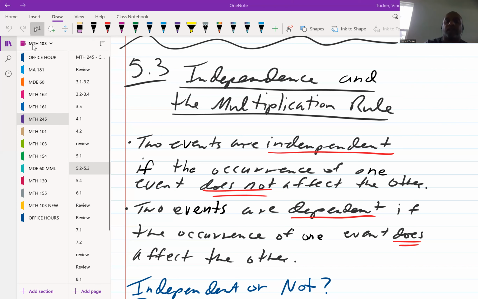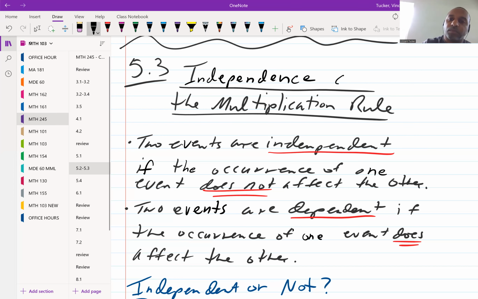Independence and multiplication rule. See if I can write this a little better. All right, so two events are independent if the occurrence of one event does not affect the other.